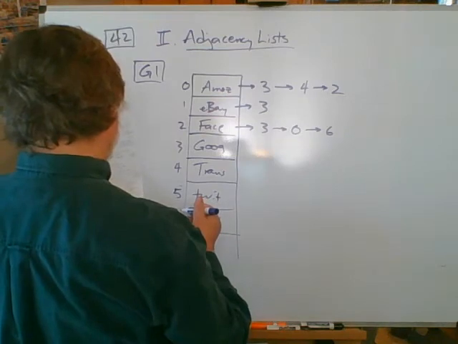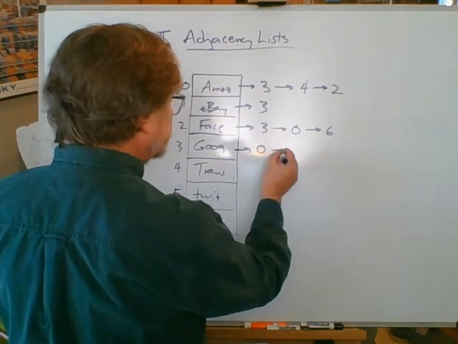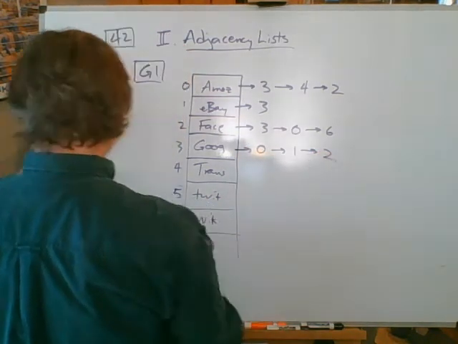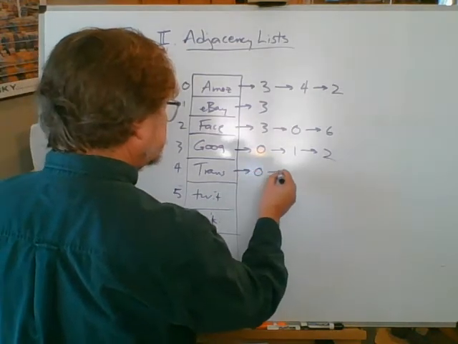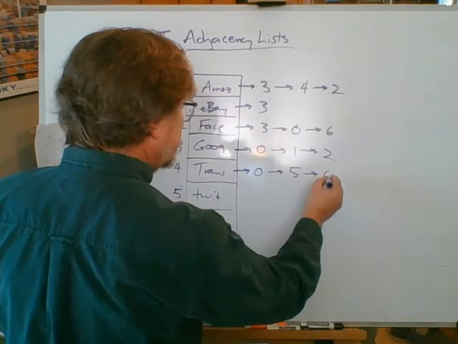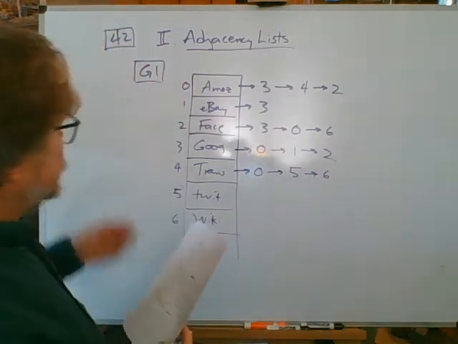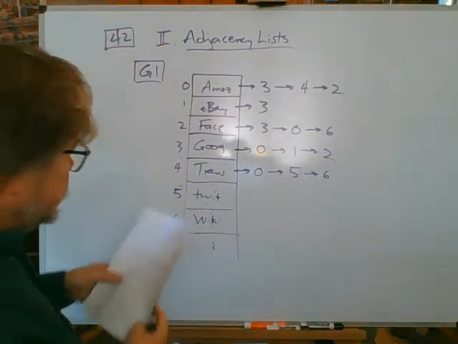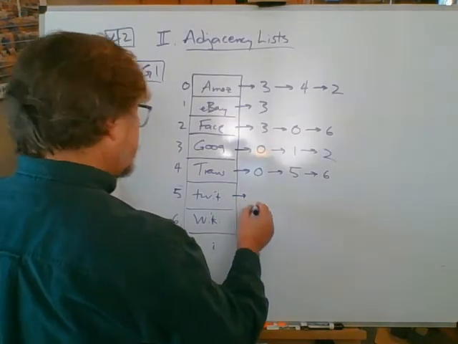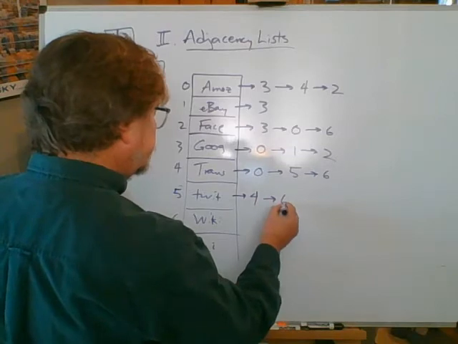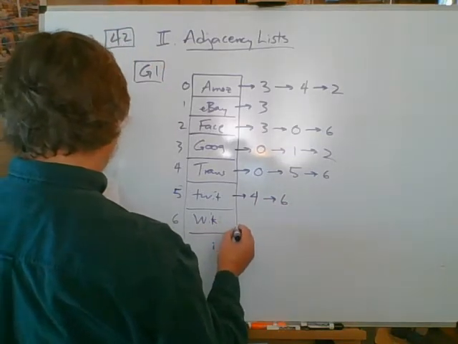Google can go 0, 1, 2. Transylvania goes 0, 5, 6. Double check these against the picture of graph G1. This is an alternative way to represent it. Twitter, 4 and 6, I believe. Wikipedia, 2, 5, 4.